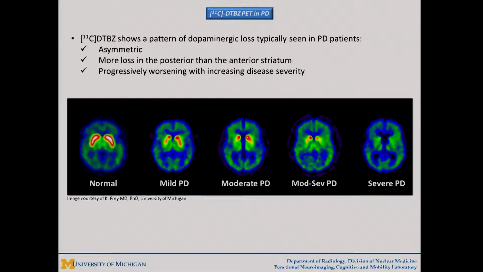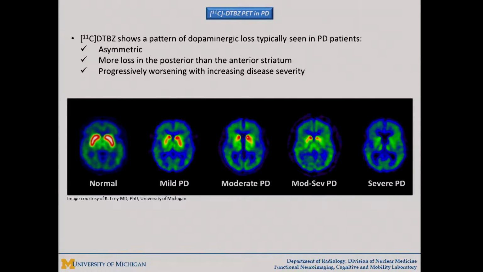If you look at somebody who has mild Parkinson's disease, you see two things. All that white has disappeared, so it's not red hot anymore. And it's asymmetrical. One side is affected more than the other side. A lot of Parkinson's disease patients have an asymmetrical presentation of symptoms as well, which might be explained by this.